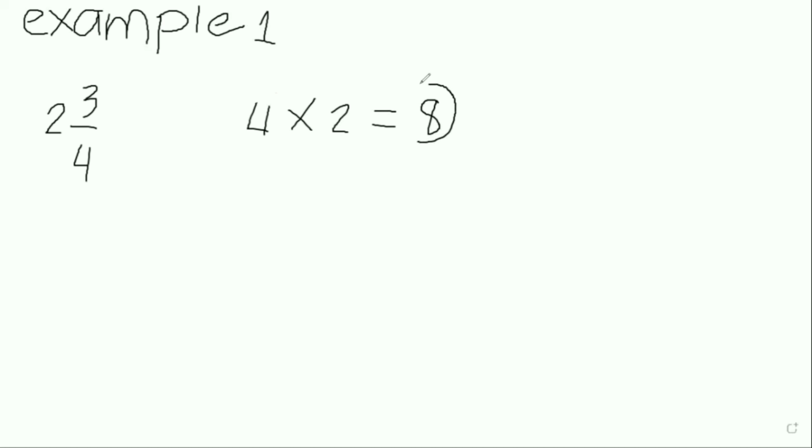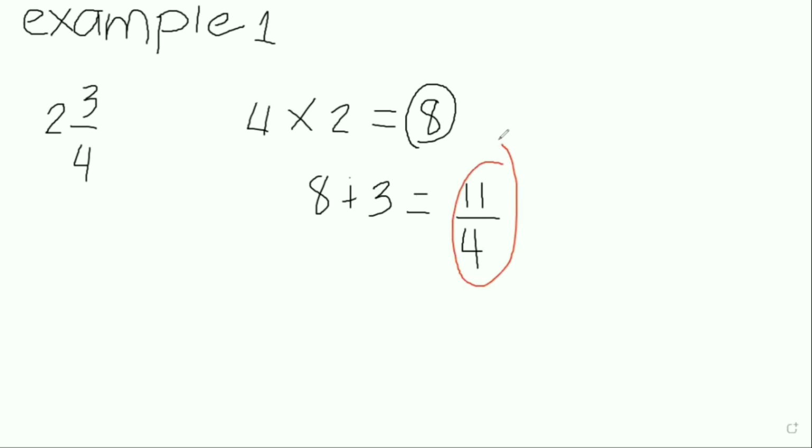So the product, which is 8, will be added with the numerator. 8 plus 3 equals 11. And this answer will be the new numerator. And we are just going to copy the denominator. So on this item, our answer is 11/4.